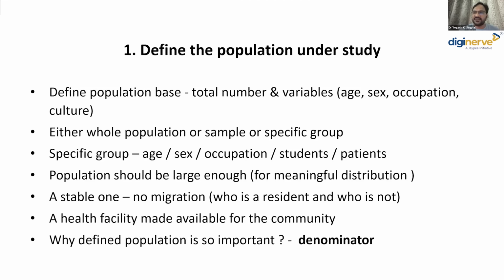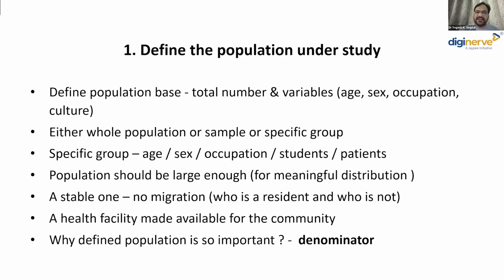Otherwise, in the meanwhile of the study we are doing, the population will migrate, and we will be searching for where our population has gone. Similarly, in a medicine or surgery examination, we take a case, and when the examiner comes for the case viva, we say, sir, my case has run away. It should not happen like that. So in a stable one, who is resident and who is not, we have to know. So migration is also an important point. We will discuss this.